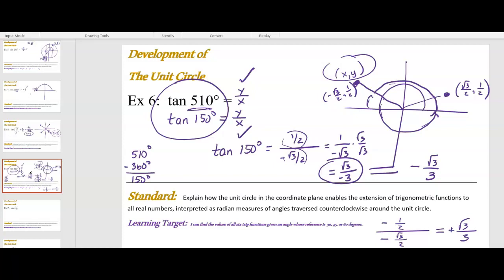But I just want you to be thinking 1/2 over root 3 over 2 is root 3 over 3, and then you can kind of deal with your signs. You're going to see these same numbers over and over. All right, so tangent of 510 is equal to tangent of 150, which is our answer.